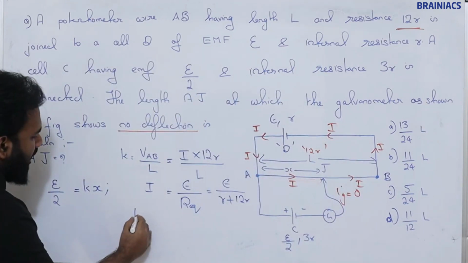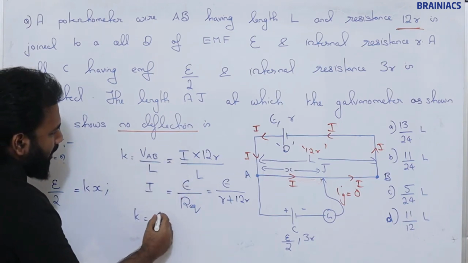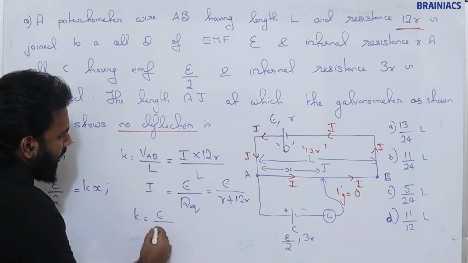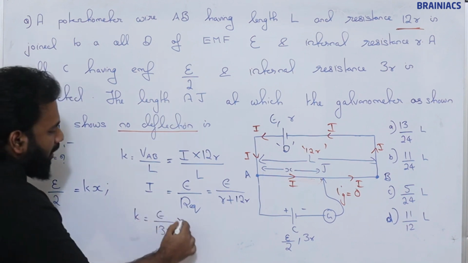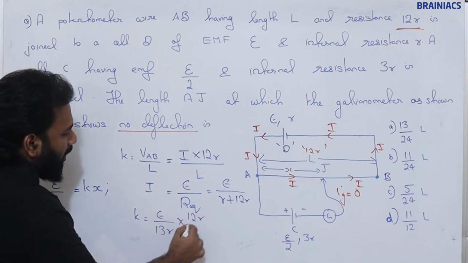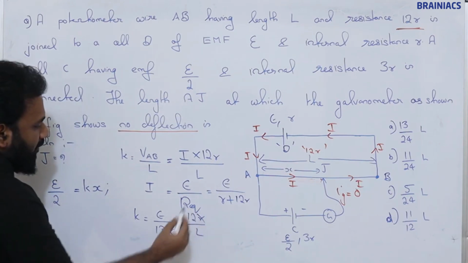So K is equal to E divided by 13R, this is I, into 12R divided by L. So this R will cancel.